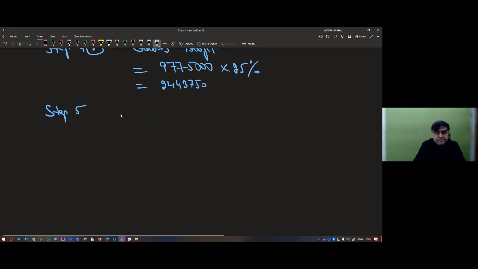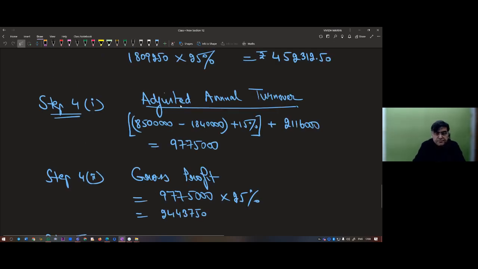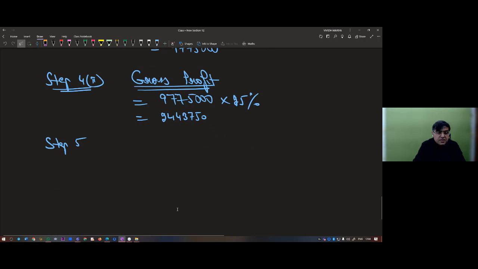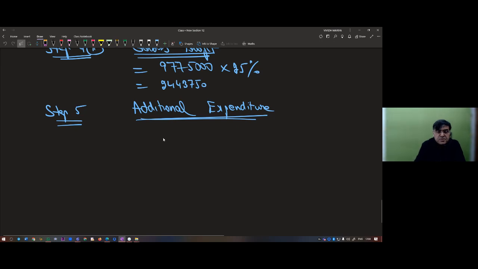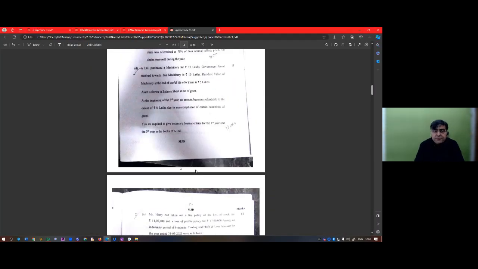Step 5. Additional expenditure. Guys, the additional expenditure is, hope this is a quick revision.